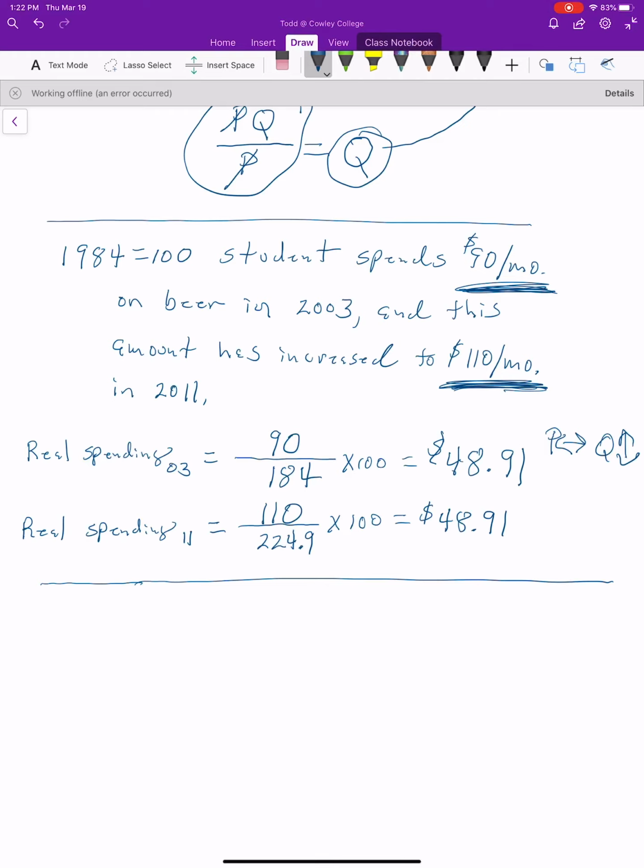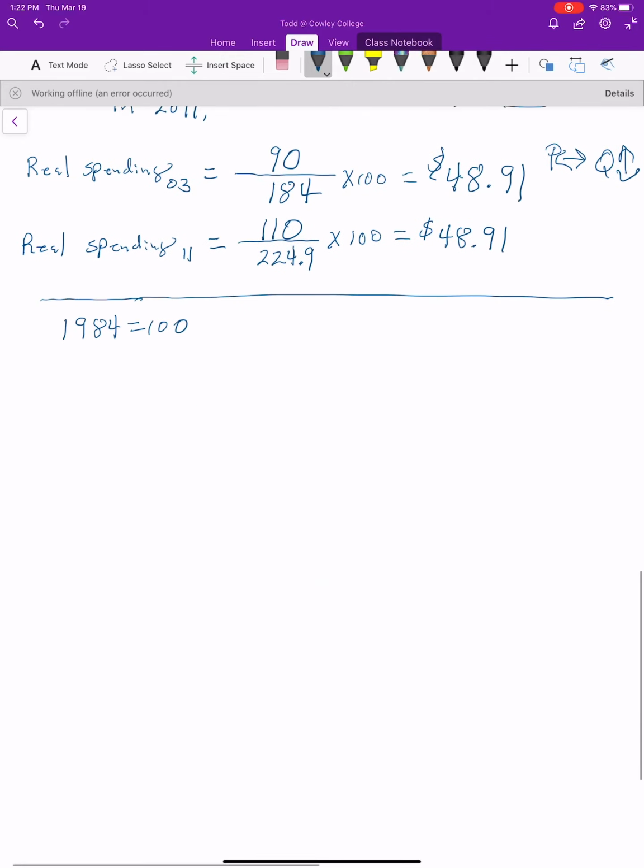All right, so let's do 1984 equal to 100. Now what we can show is, if you look at the historic nominal wages for two different years, you see that in 1964, the nominal wage was equal to $2.50 per hour.